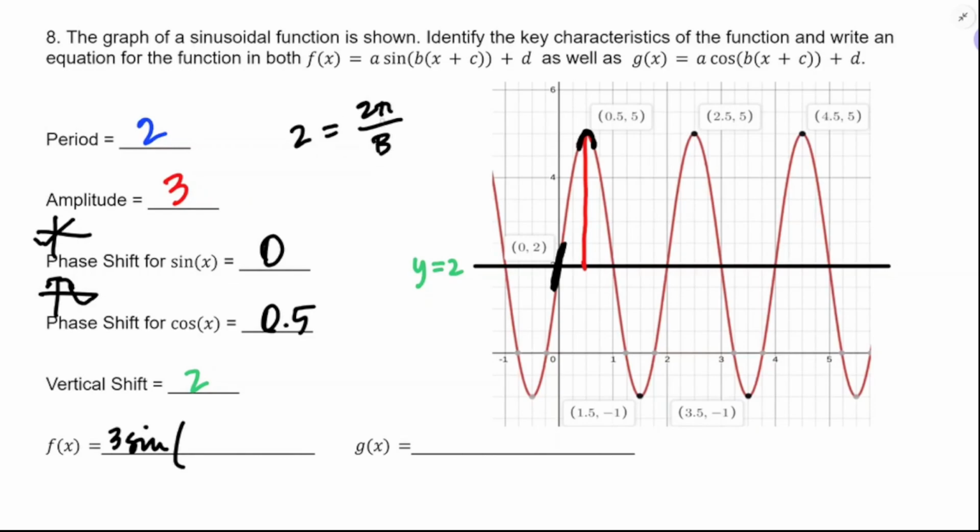Period equals 2 pi over b, b is going to need to equal pi. And then there was no phase shift for sine, and a vertical shift of 2. And for g, that'll be a 3 cosine, same multiplier, but there was a phase shift of 0.5. x minus 0.5. And then adding 2 the same way.